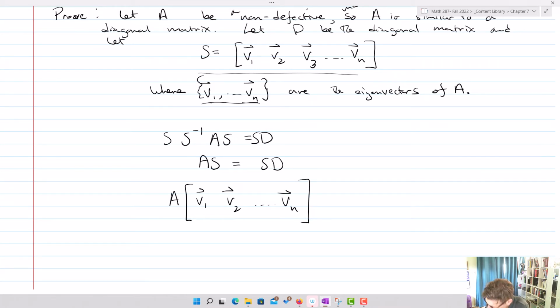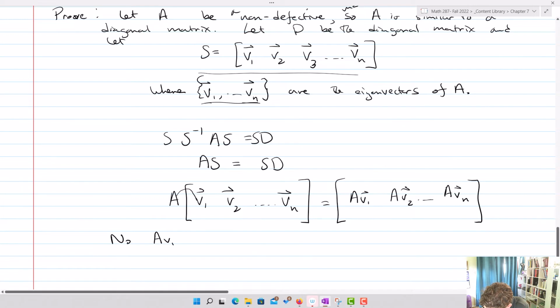What you'll want to notice is that the multiplication takes the matrix A times V1 as our first vector, so that's AV1, then AV2, all the way up through AVn, as you may have noticed happens in matrix multiplication. Now, AV1 equals lambda V1 as V1 is an eigenvector.